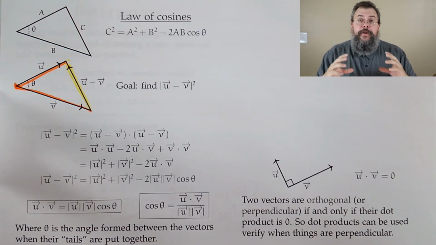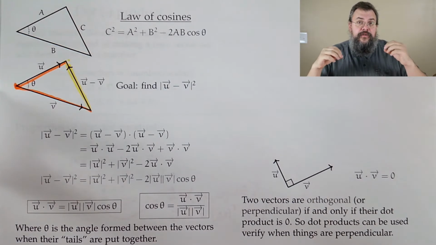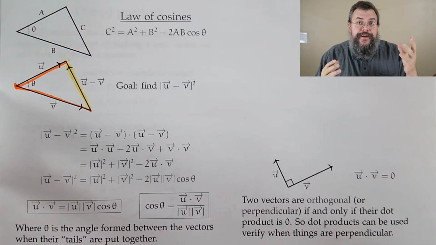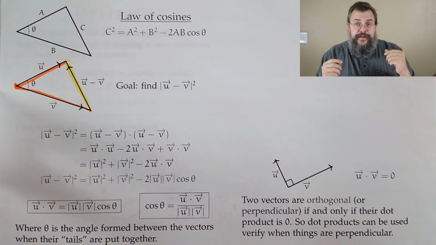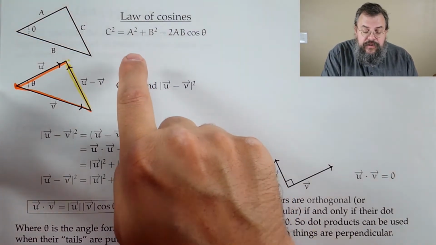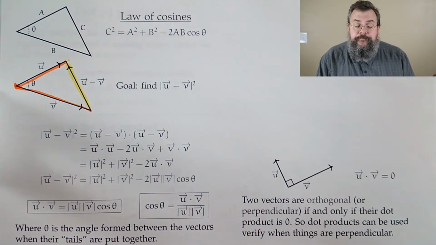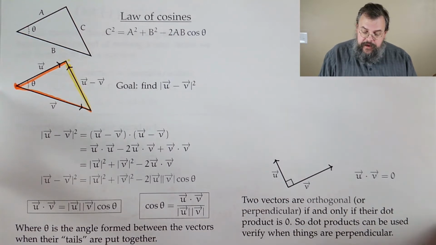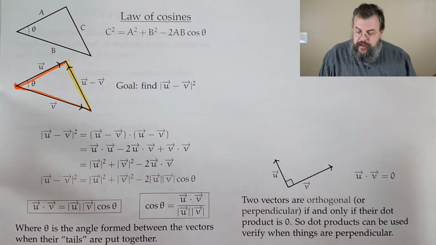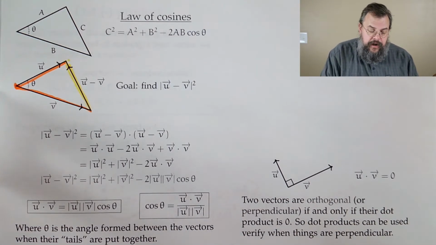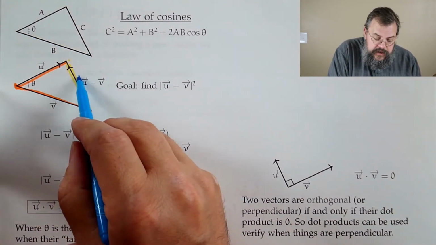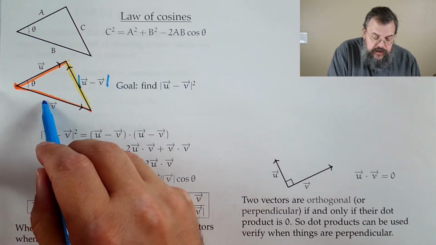Okay, so now we found the length of this third side squared by using the dot product. We're going to repeat it now and use the law of cosines. So if we think about the law of cosines, look at our picture. Our lengths of our sides are just the magnitudes of these vectors.